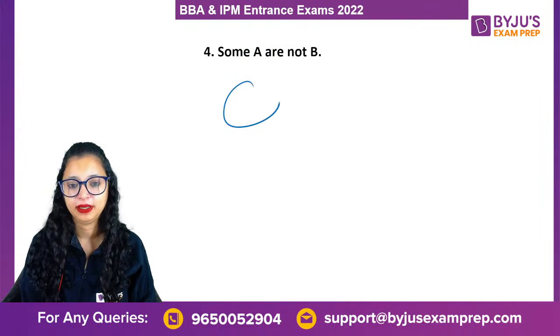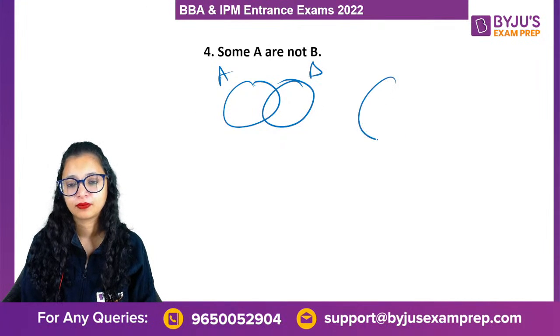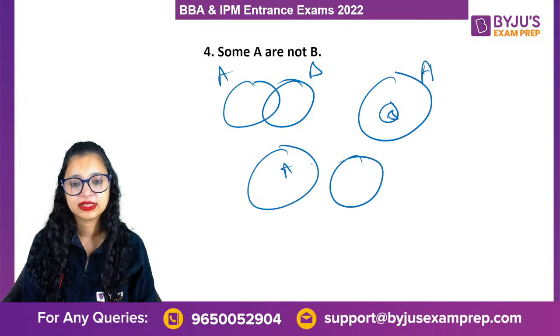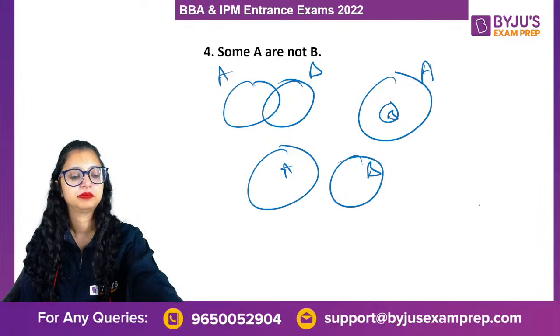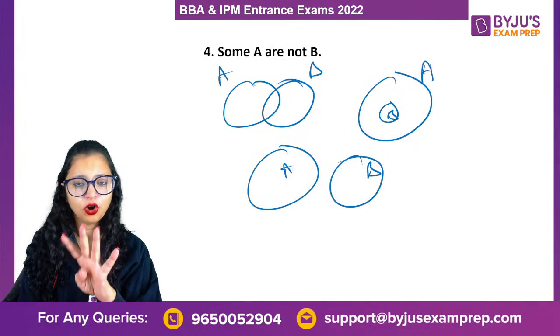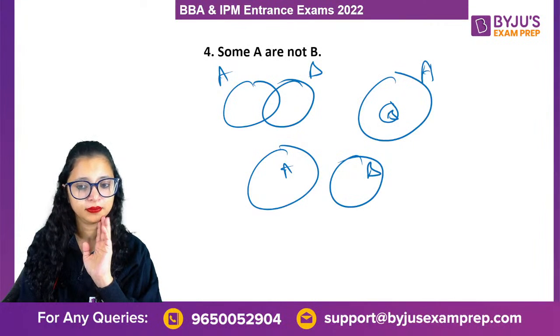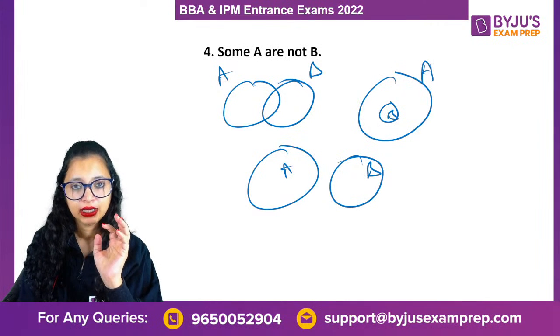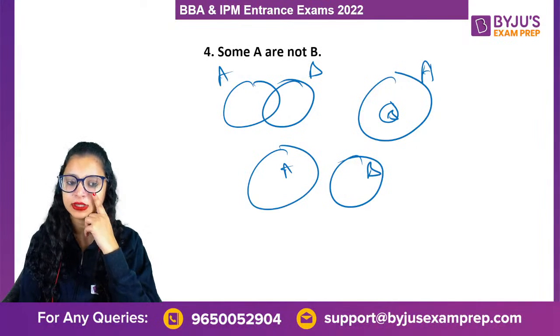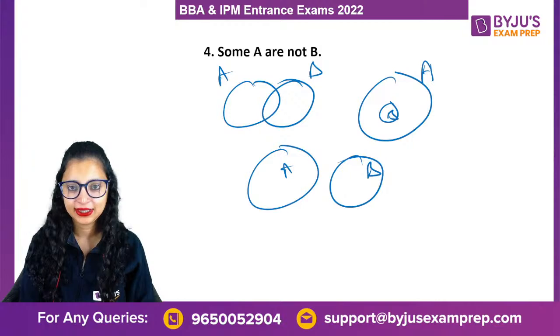Some A are not B. Some A are not B. Some A are not B. Are you guys, all of you, convinced with all the three cases that I've drawn? Can you see some A are not B true in all the three possible scenarios? Please look at them and tell me that you're convinced or not.